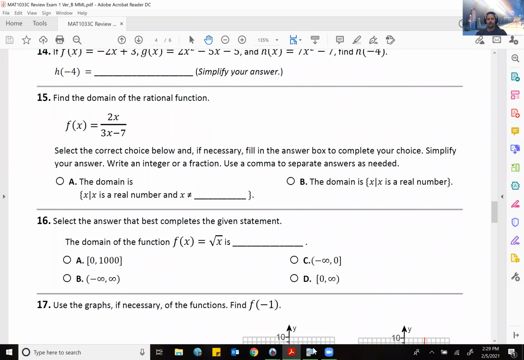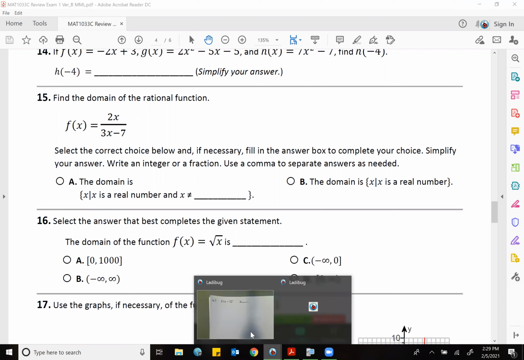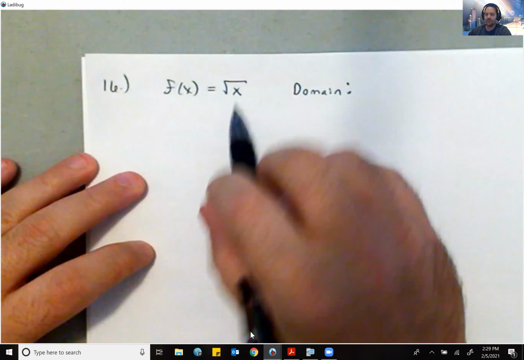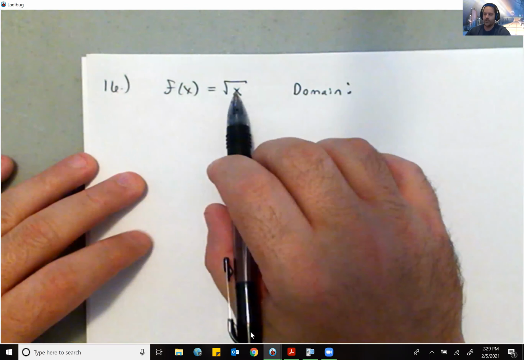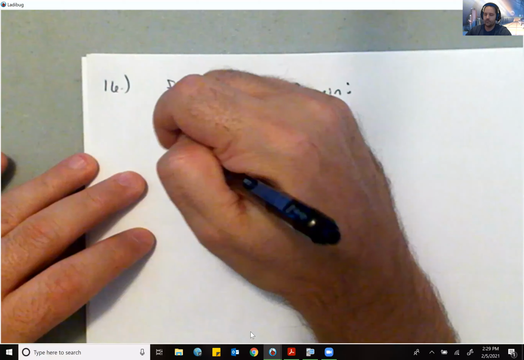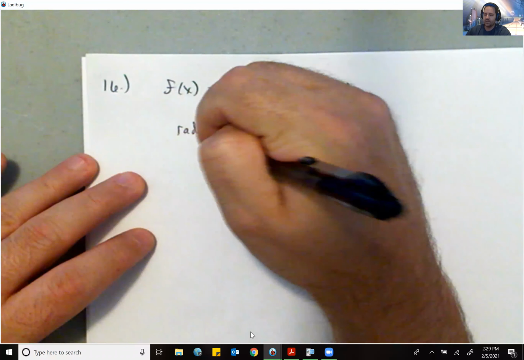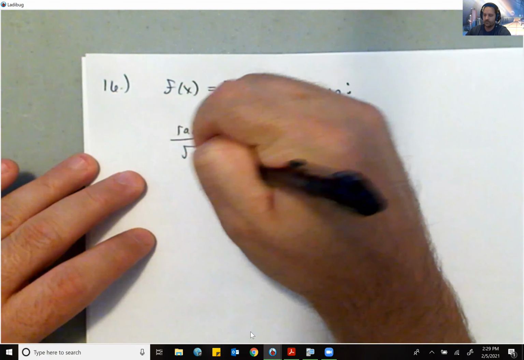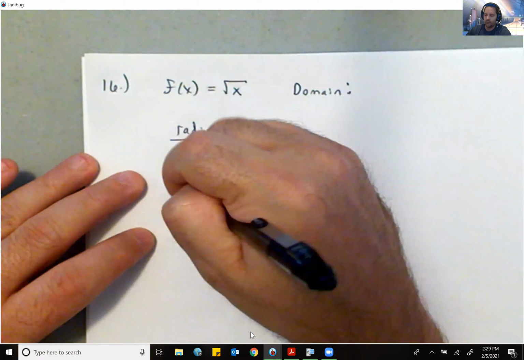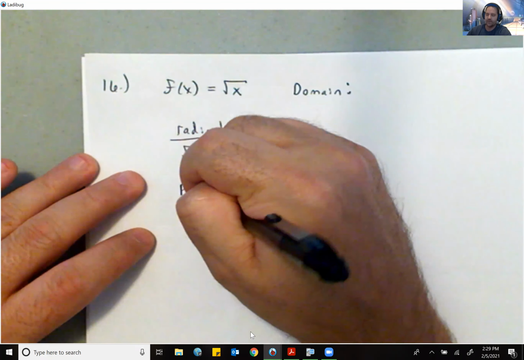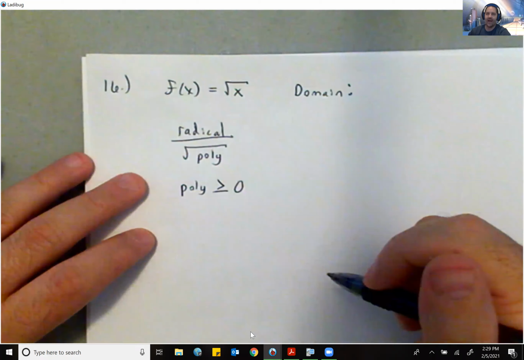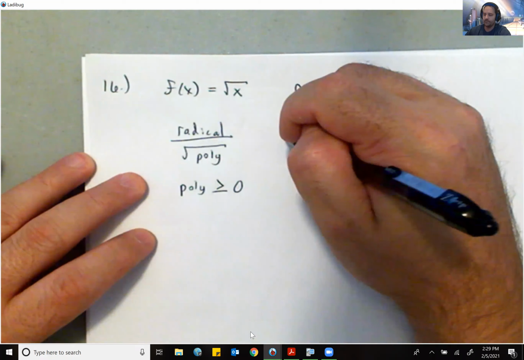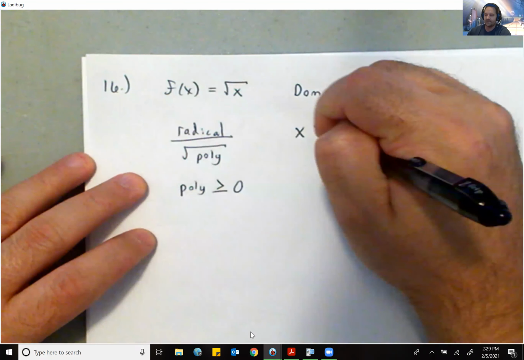You take everything under the radical and make it greater than or equal to 0 and solve. You take your radicand, that's everything under the radical, whatever polynomial you have under here, set it greater than or equal to 0 and solve, and that will be the answer. If I set this greater than or equal to 0, there's nothing else to do.